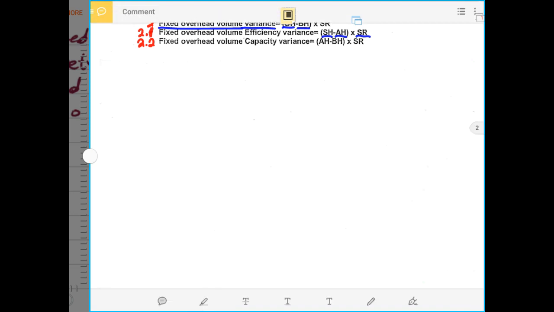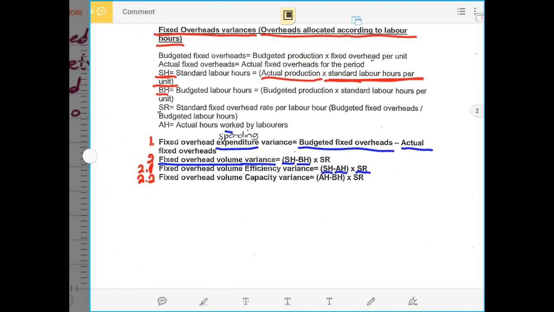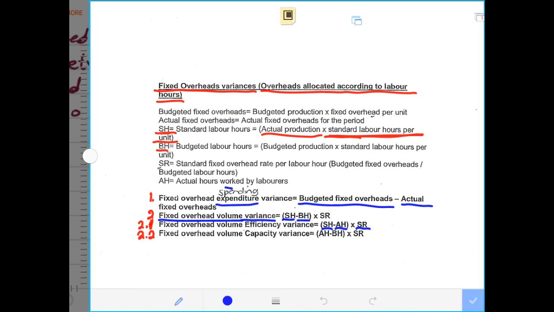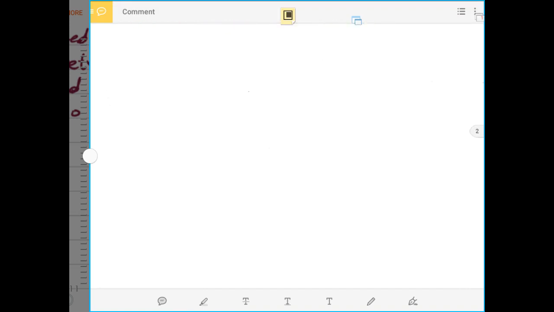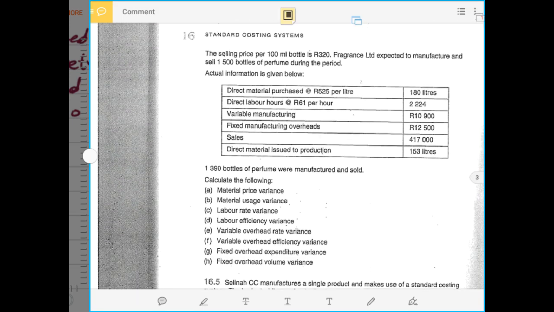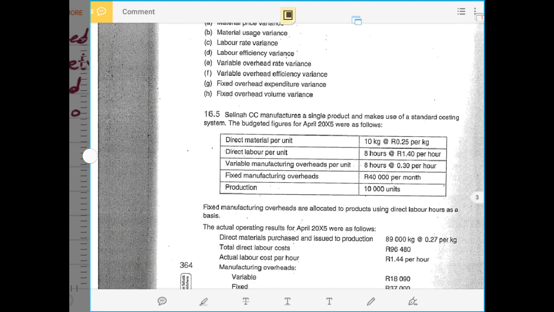Now we go straight to that variance. Remember, it is this variance that we are doing: budgeted fixed cost minus actual fixed cost. So now let us check how this variance looks. This variance is given to us.